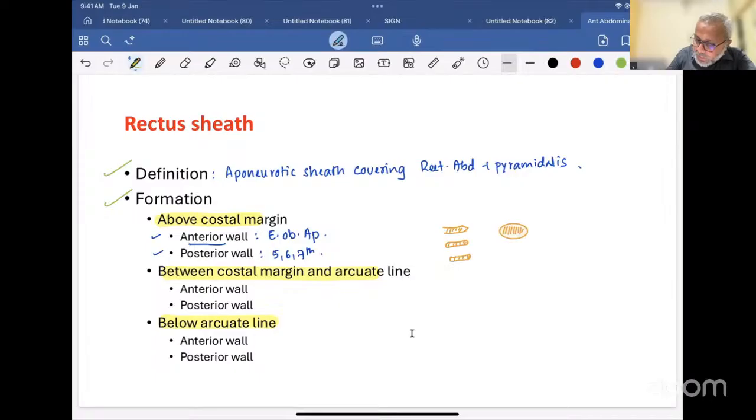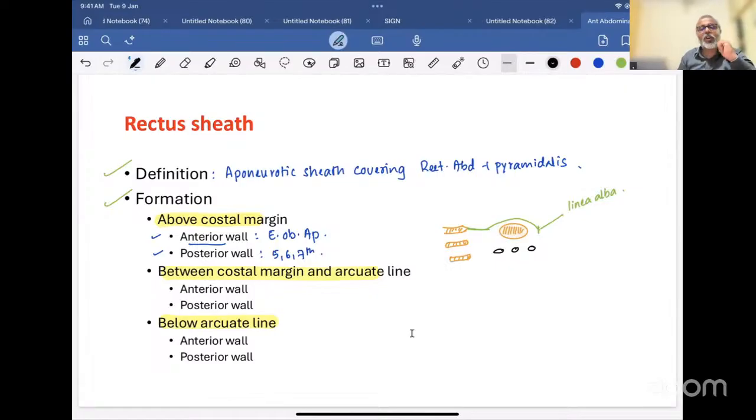The external oblique forms an aponeurosis. Now this aponeurosis covers the anterior surface of the rectus sheath and gets inserted into the linea alba. So this is how the anterior wall is formed. The posterior wall rests directly on the costal cartilages and the ribs. This is how the rectus sheath is formed above the costal margins.